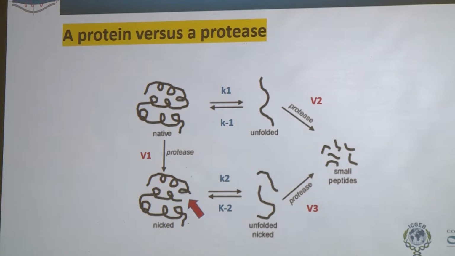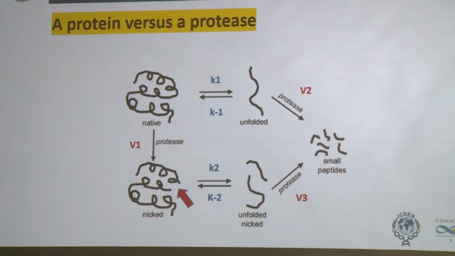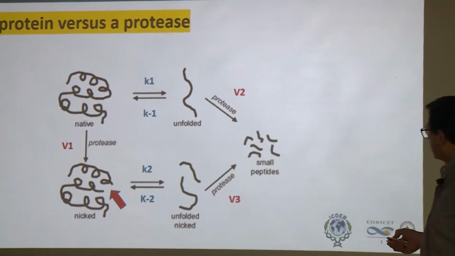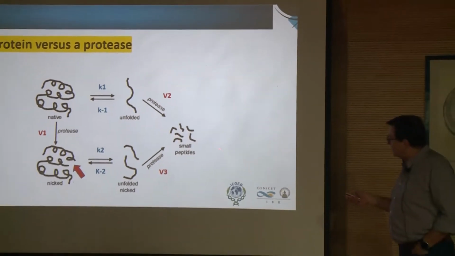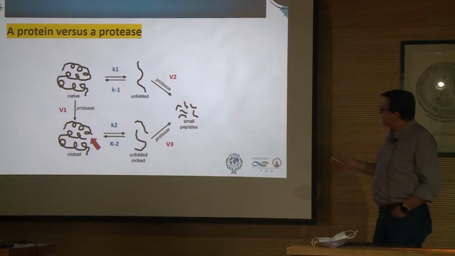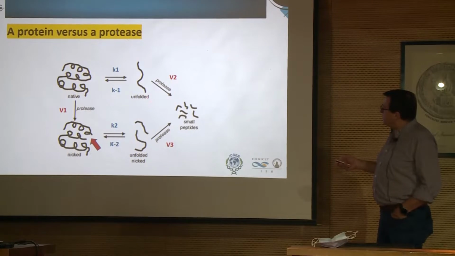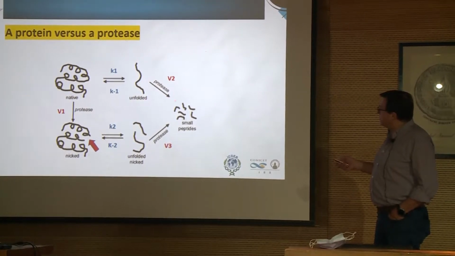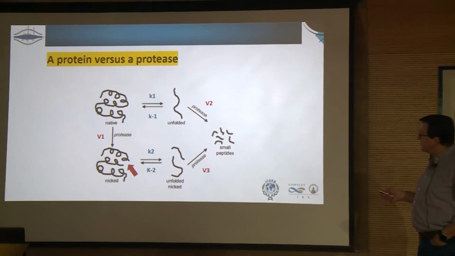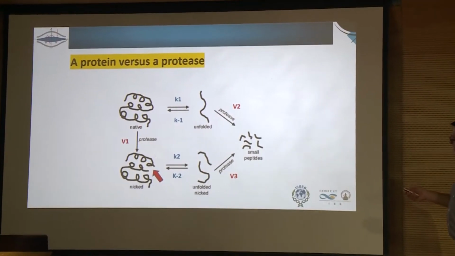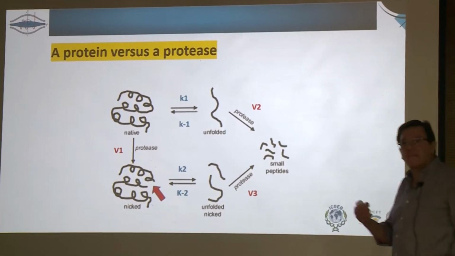Then if the protein falls down in structure, or the protein disassembles and unfolds, the protease will cut in pieces and then will cut in small peptides. By the contrary, if you have a completely unfolded protein, the protease will readily cut the protein in small pieces. So you can differentiate different forms if you add the proper amount of protease.